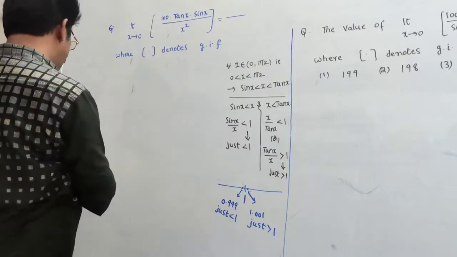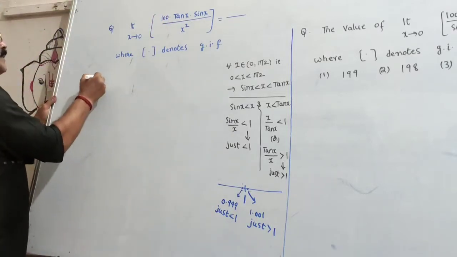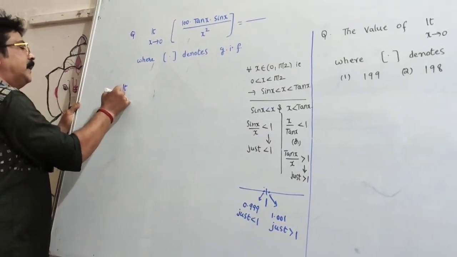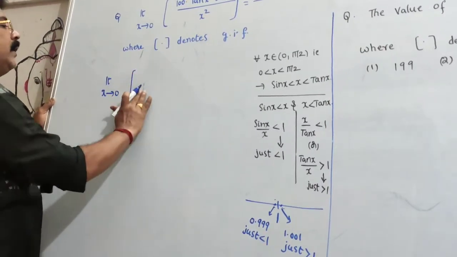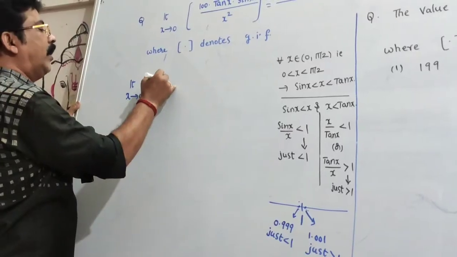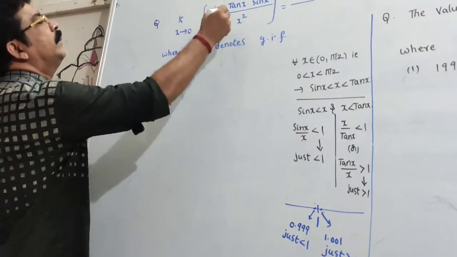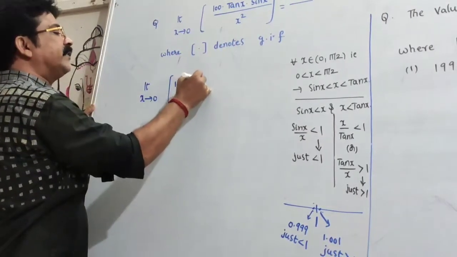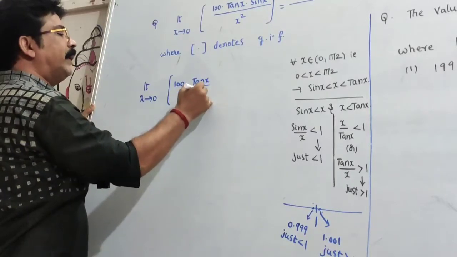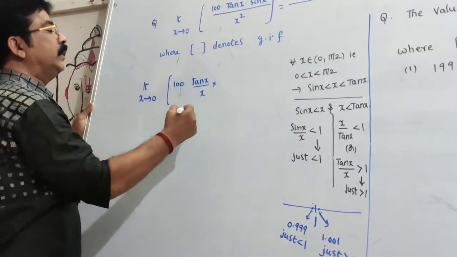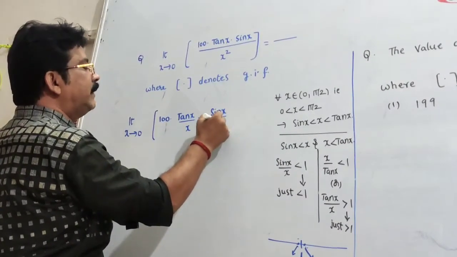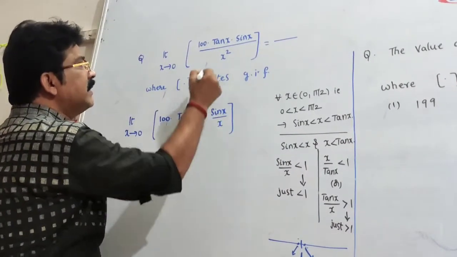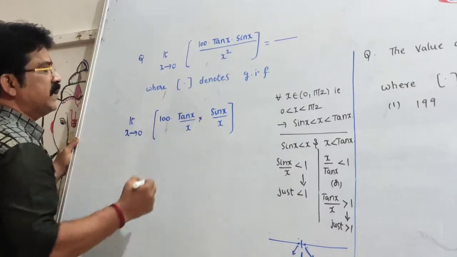Okay, next you come here. The given question is limit x tends to 0, box of 100 into tan x divided by x into sin x divided by x, because x square is split as x into x.